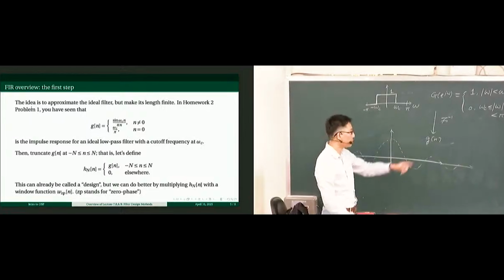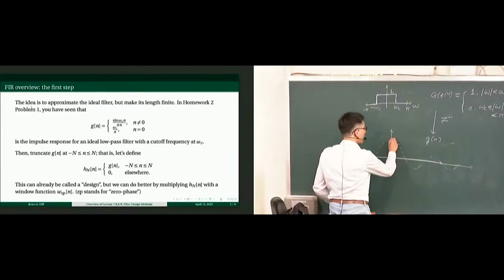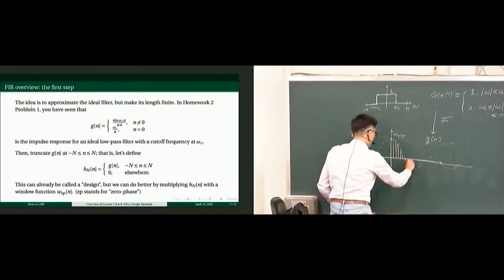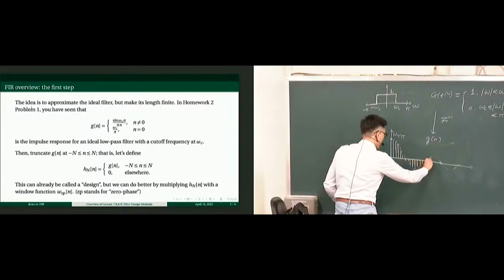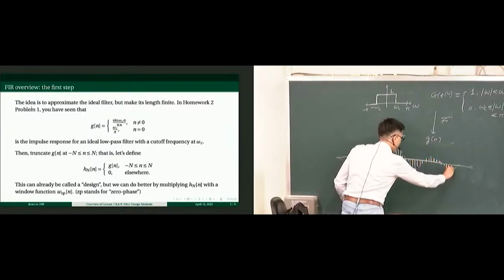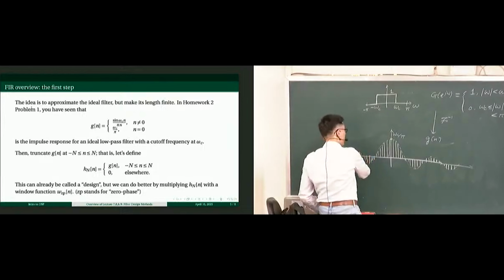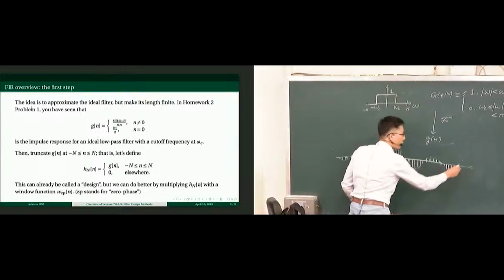So that's g of n, with the top sample being ω_c divided by pi. This is just a sketch, and it's symmetric. So this is how g of n looks, and it extends infinitely on both sides.